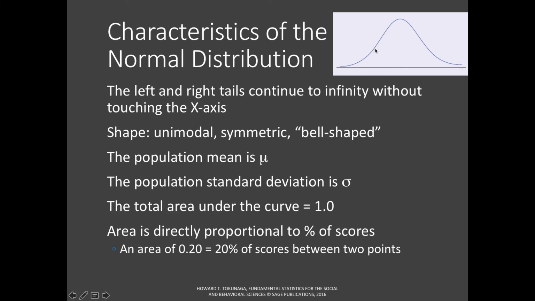So if we drew a line down maybe about here on this graph, and we did the formula and ran through all that and found the area was 0.20, that would be the same thing as saying that 20% of the scores are less than this point, whatever that point may be.